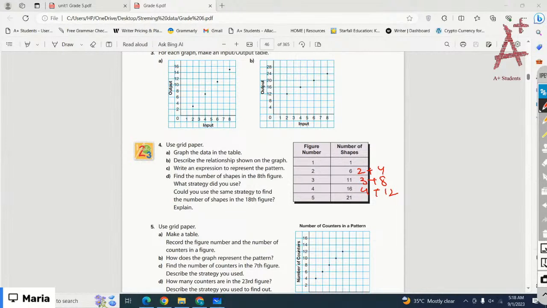It would be, start with 1 and add. You have to start with 1 and you have to add 5 for the next term, right?